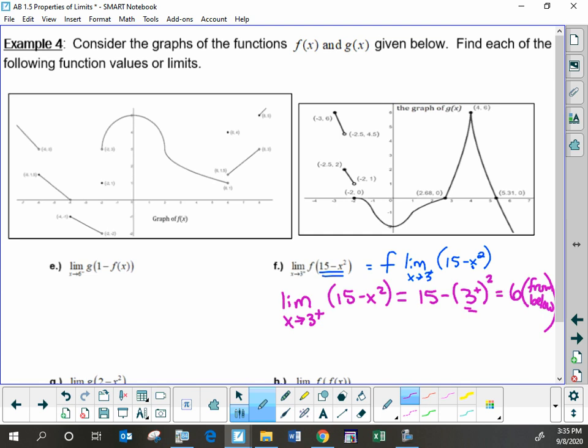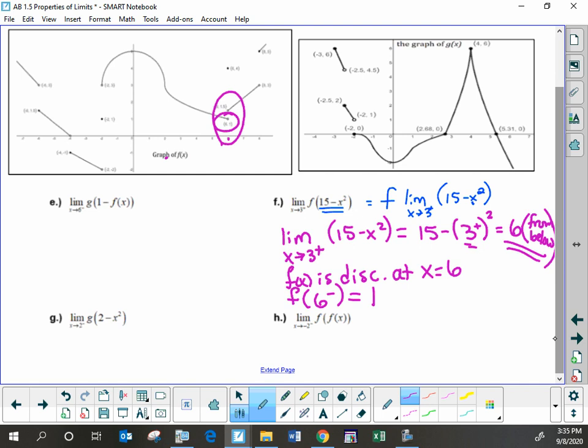Now, when I look at my graph of f at 6, f of x is discontinuous at x equals 6. So it'll be helpful that we knew that we were coming into 6 from underside, right? F of 6 from the left side turns out to be a 1. Just got to keep track of how you're approaching some numbers, left or right.